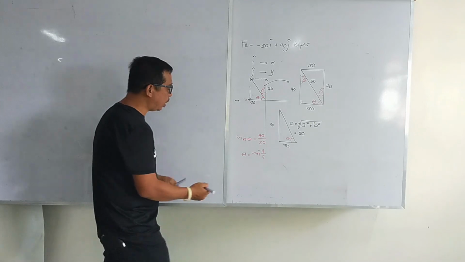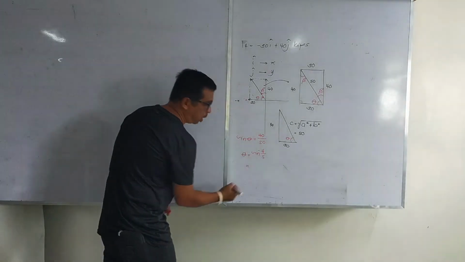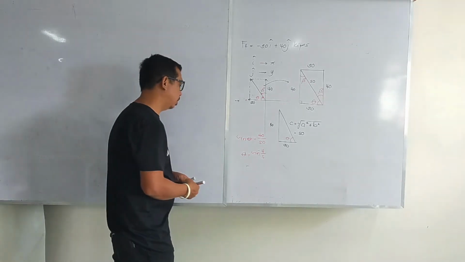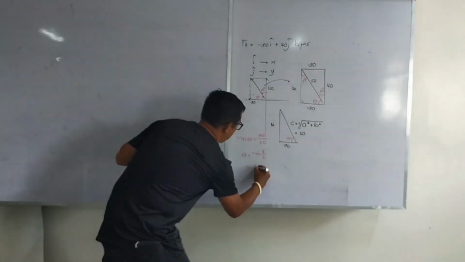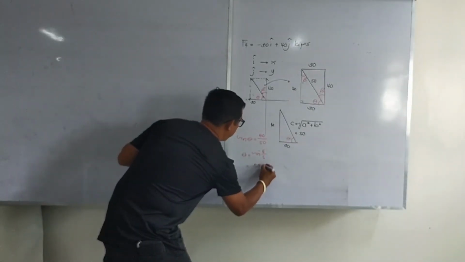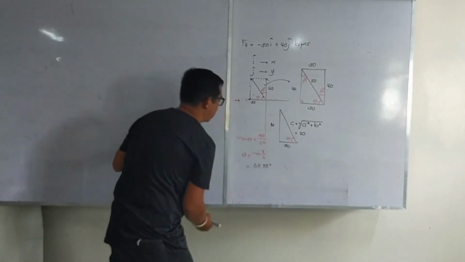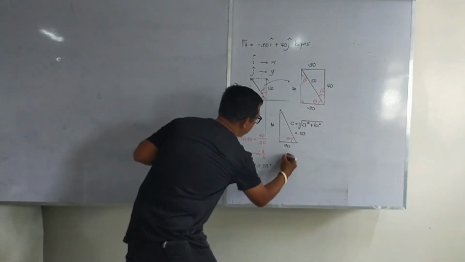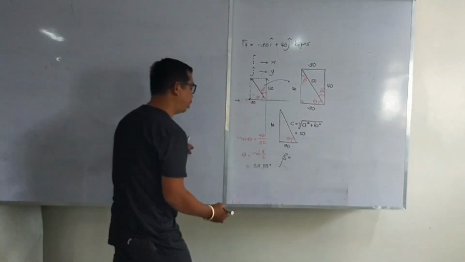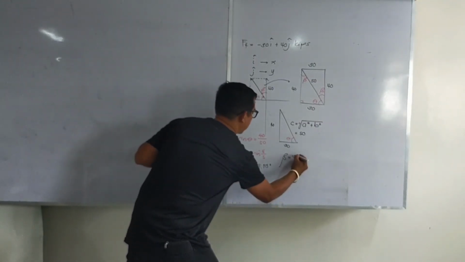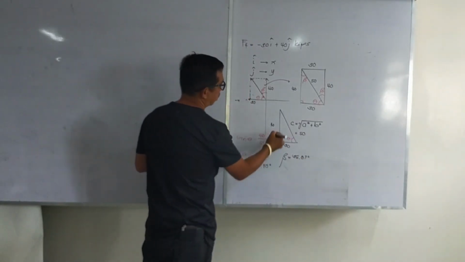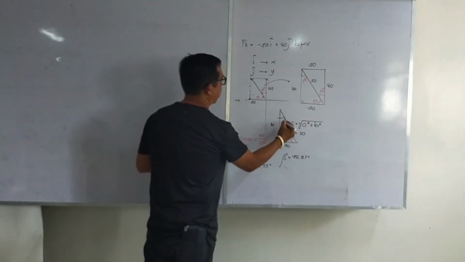So computation would lead us to getting a value that is equivalent to 53.13 degrees. So it follows then that the value of beta would be equal to 36.87 degrees. So this is your beta.